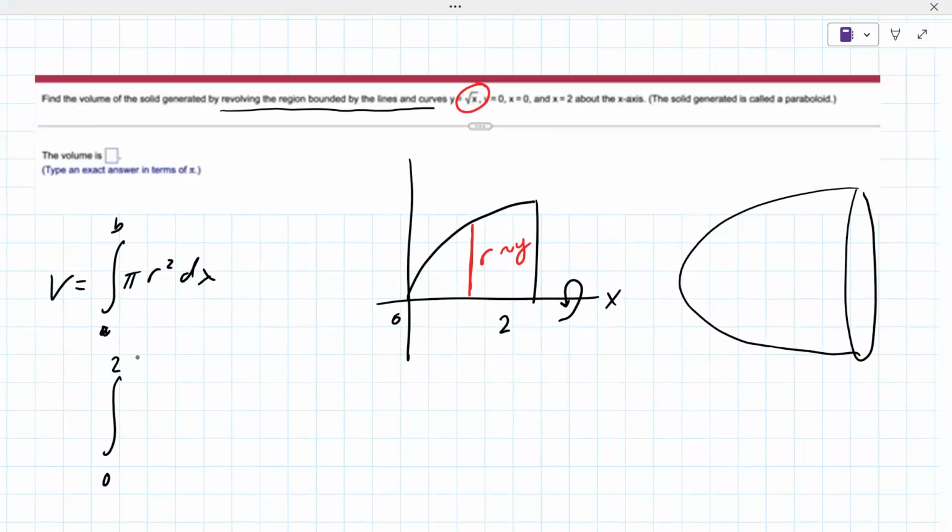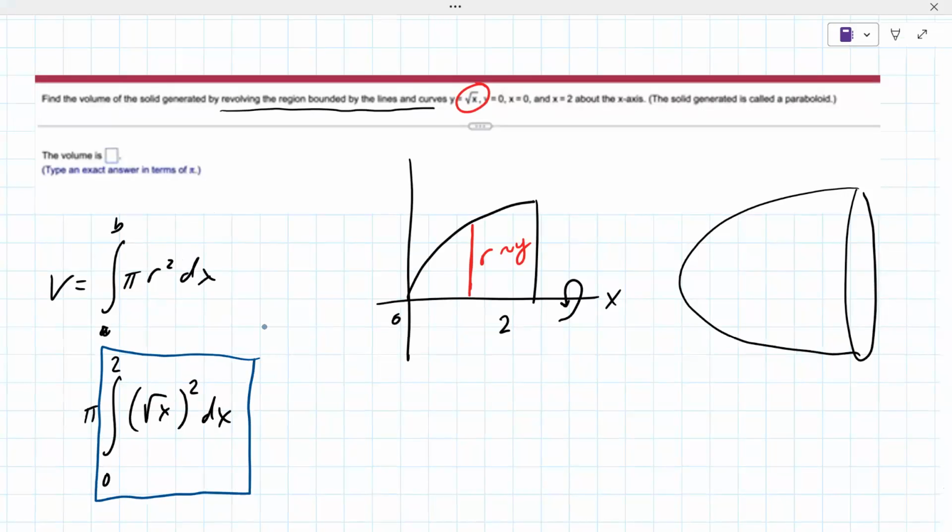The integral is from 0 to 2, and you often bring the pi out. Square root of x squared dx. Now, if you look here, it says type an exact answer in terms of pi. So if you put this part into your calculator without the pi, and you get a number, you will then just append the pi to it.